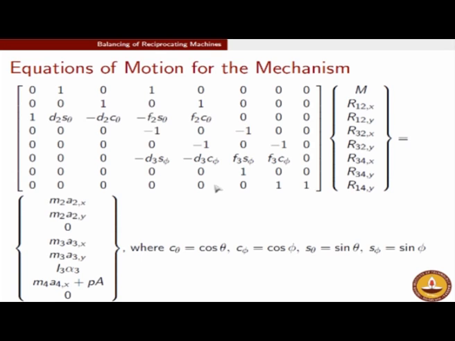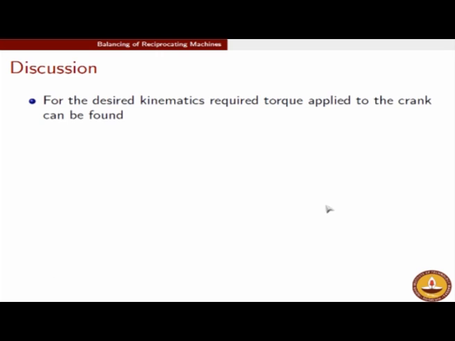In this case it was 3, but a simple routine application of Newton's laws of motion for each member will enable you to determine all these 8 equations, and when you solve these 8 equations in a computational environment, you should be able to find out everything about this mechanism in terms of its forces.